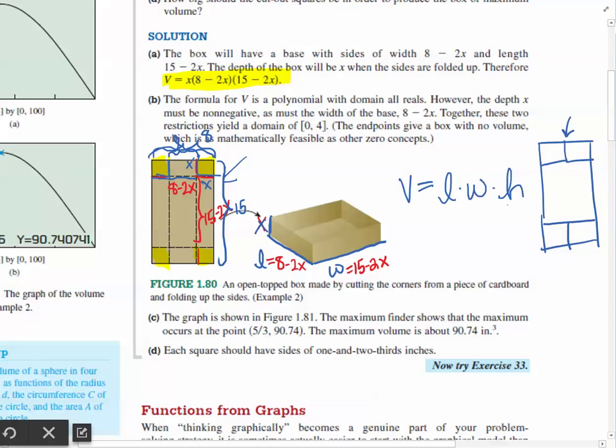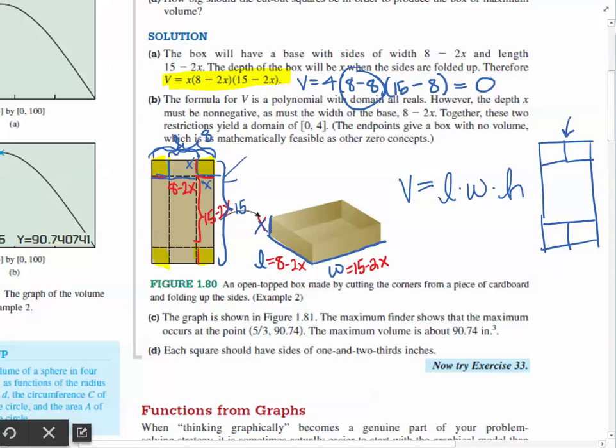Now, if you actually let x equal 4 in the problem, here's what's going to happen. You get 4 times 8 minus 2 times 4, which would be 8 minus 8. You get a 0 right here, which tells us that the volume would be 0. And that actually makes sense.